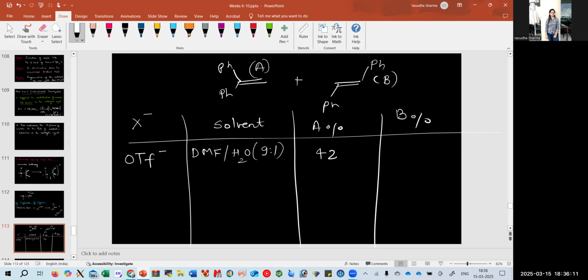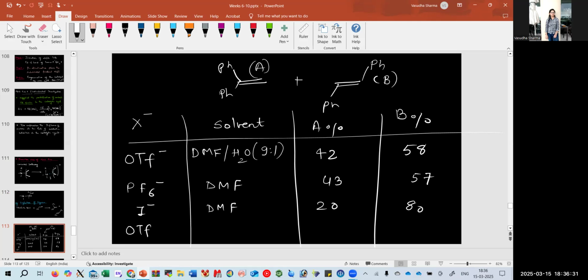So they found in this condition 42% of A is being formed and 58 of B. If you change the anion to PF6 minus and only use DMF solvent, it forms 43 and 57. Then iodide in DMF, it forms 20:80, followed by the change to triflate in THF formed 8:92. So the stable product has been formed in the last condition.